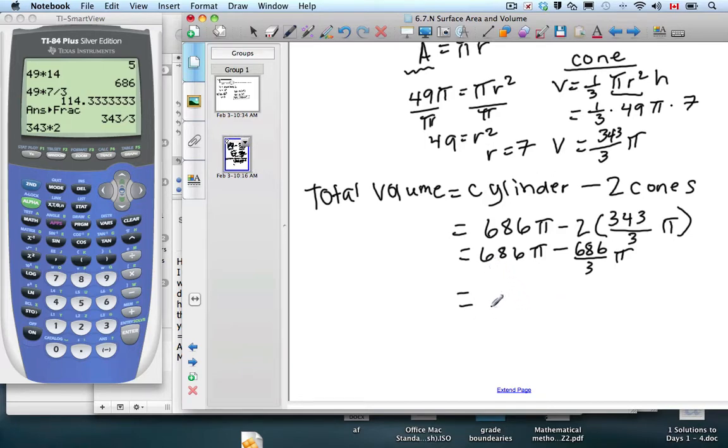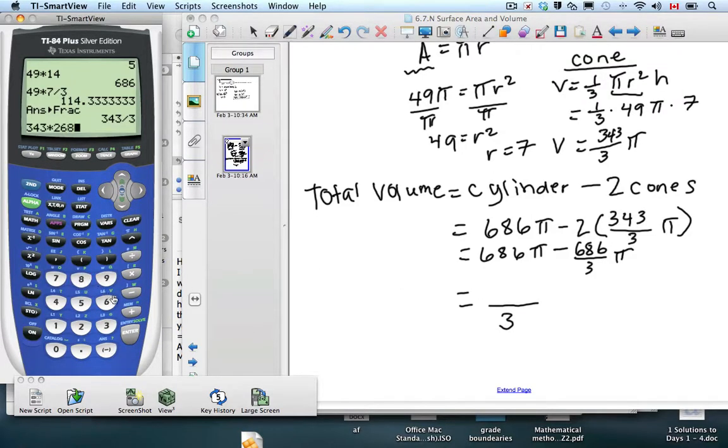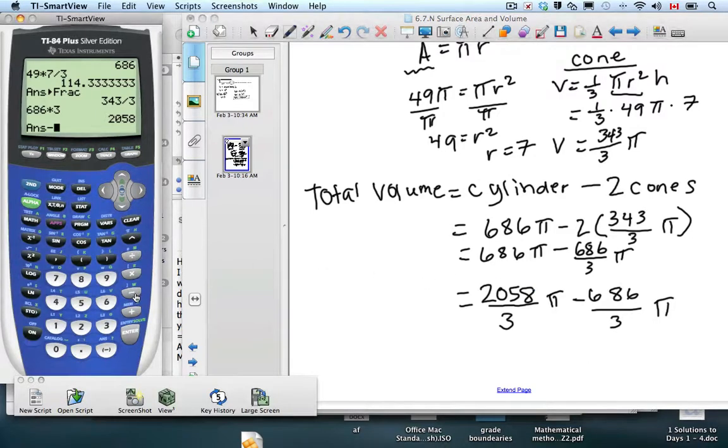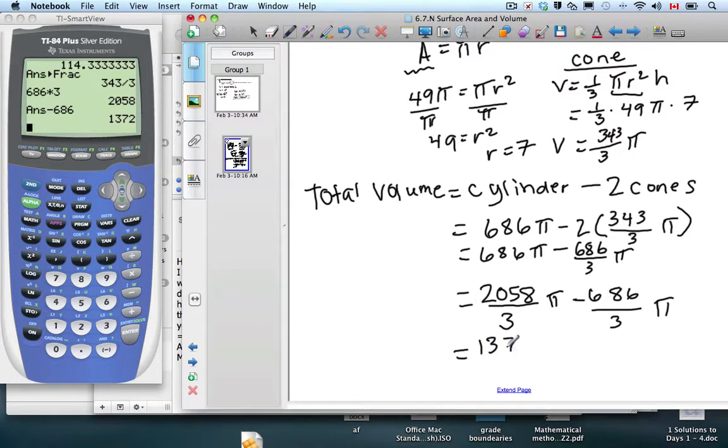So we have to put this one over 3. 686 times 3 is going to end with an 8. 2058 pi minus 686 over 3 pi. So let's just subtract 686. We get 1372 over 3 pi.